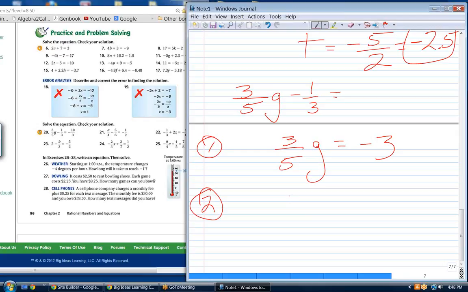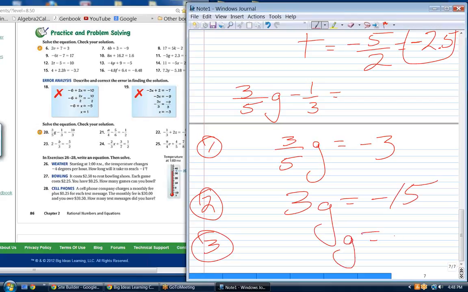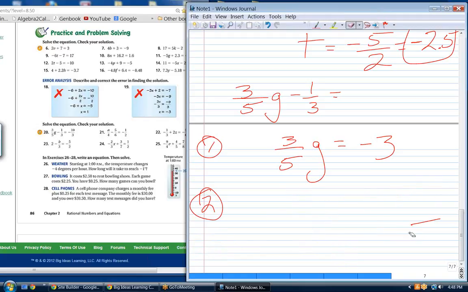What do we get? 3G equals negative 15. And what's the third step? Divide by 3. And so G equals negative 5. Okay. That wasn't necessarily 3 steps because we can actually solve it at this point.